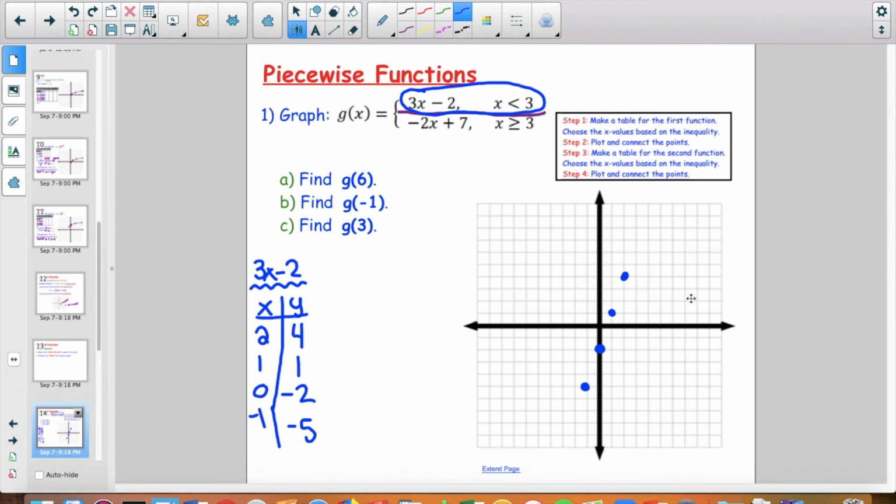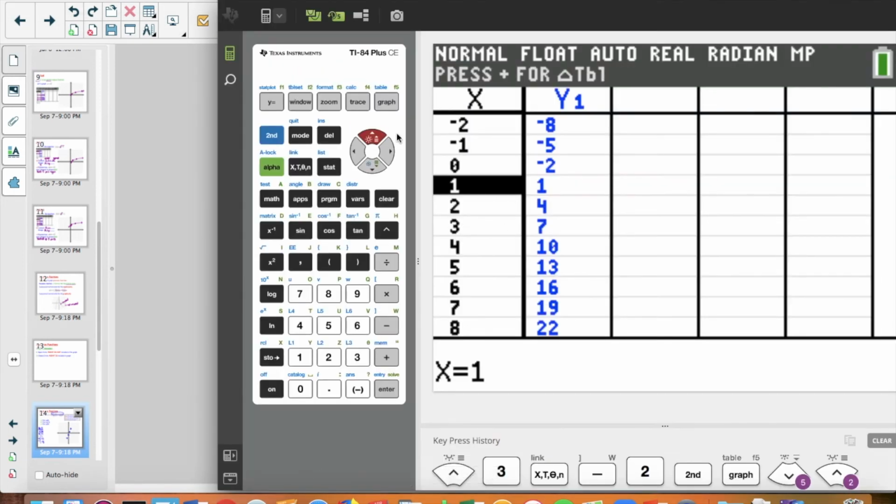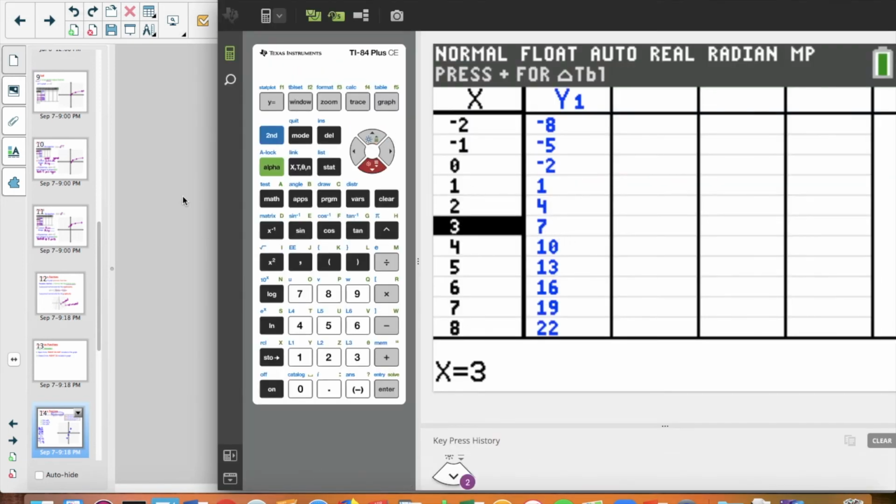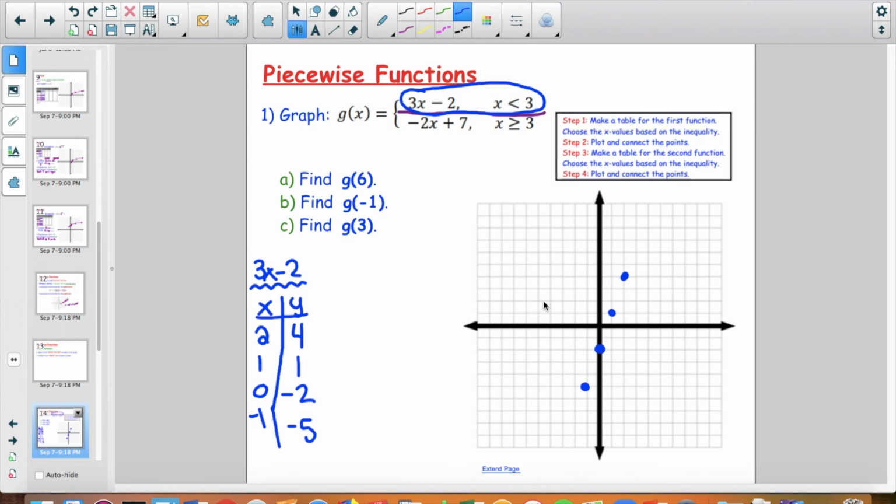Notice you could have also graphed this using the slope and y-intercept, but you have to be careful. Now this is where the tricky step comes in. I know that x has to be strictly less than 3, but you still need to include the point on that graph. So here, when x is 3, y is 7. But look at what I'm going to do. I am going to draw an open circle because x is not equal to 3.